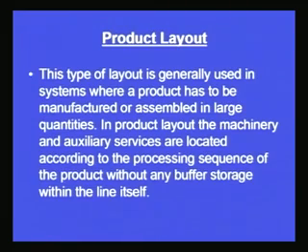So within the processing sequence, all the machines and all the assembly points are installed. All the machines and auxiliary services in the product layout are located according to the processing sequence. Processing sequence means, suppose I take an example of a particular product. It requires process A, then process B, process C, and process D. Now how would these processing points A, B, C and D be located?